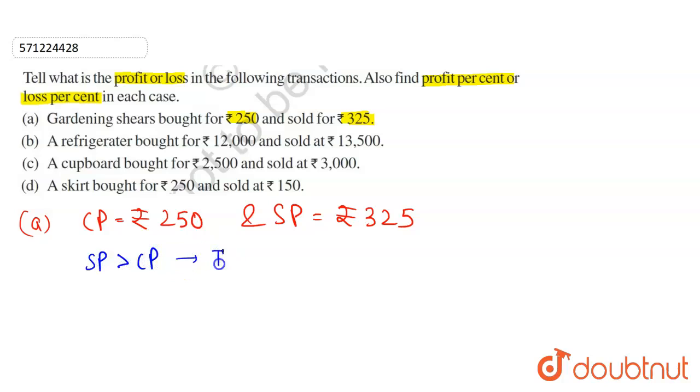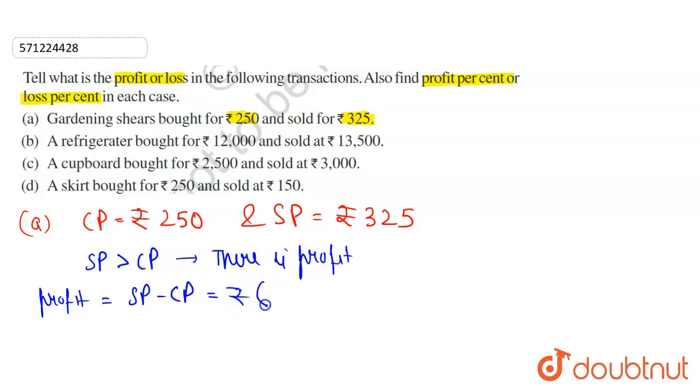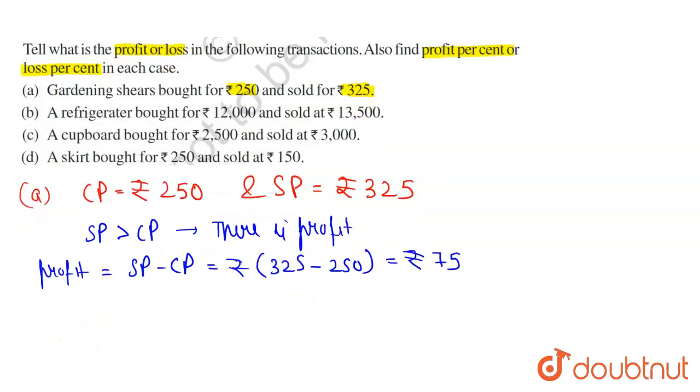Profit is given by selling price minus cost price, that is equal to rupees 325 minus 250, which is equal to rupees 75.